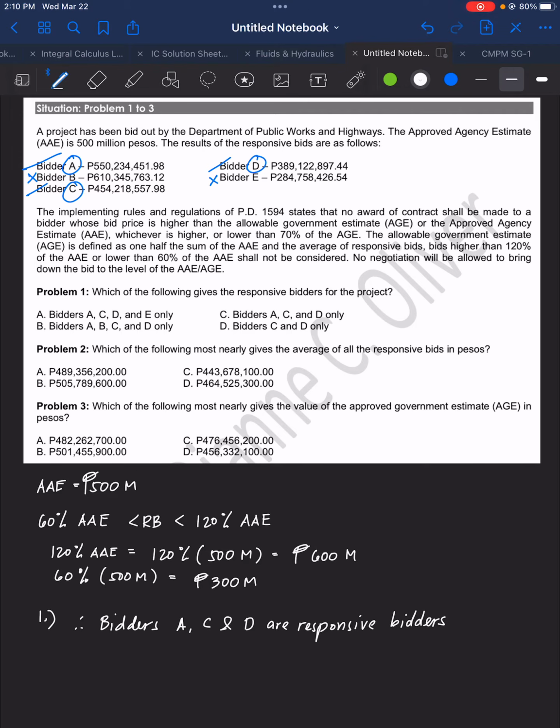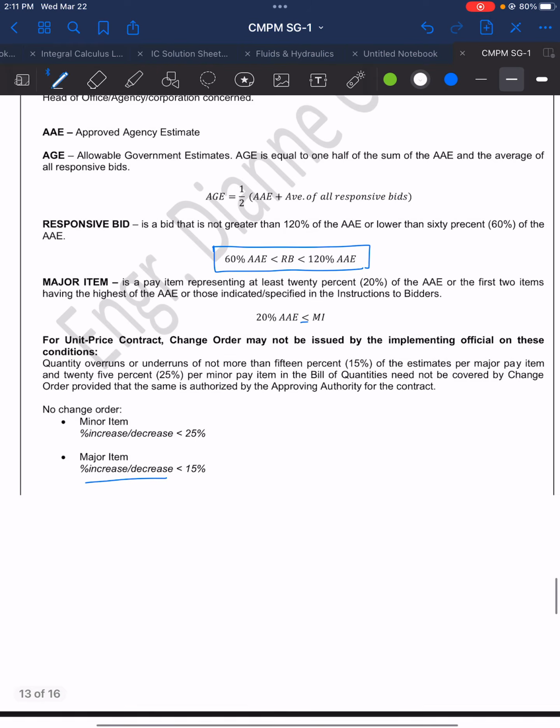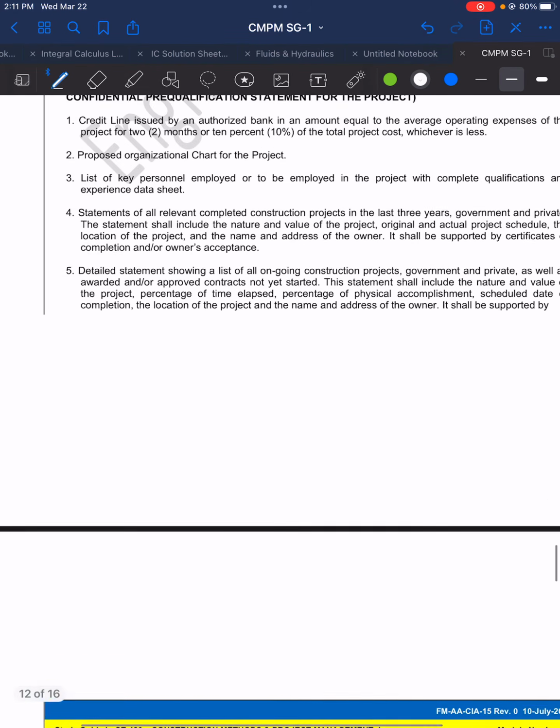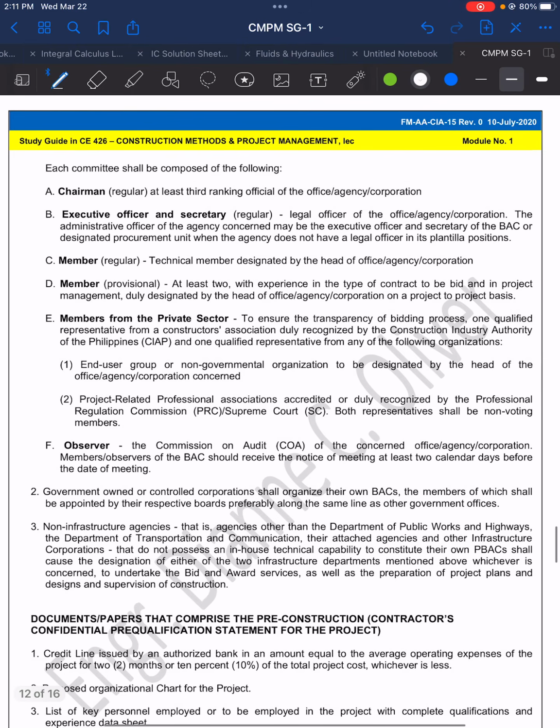Again, this solution should be seen in your field notebook. So the start for the notebook is here in the PD 1594.